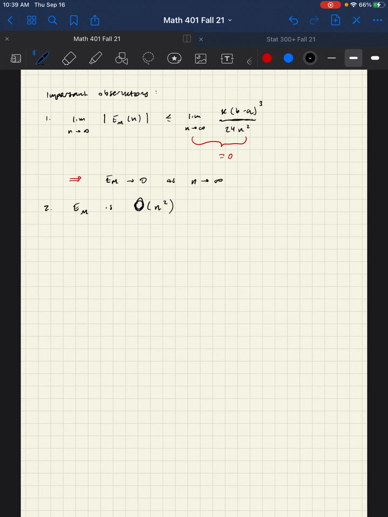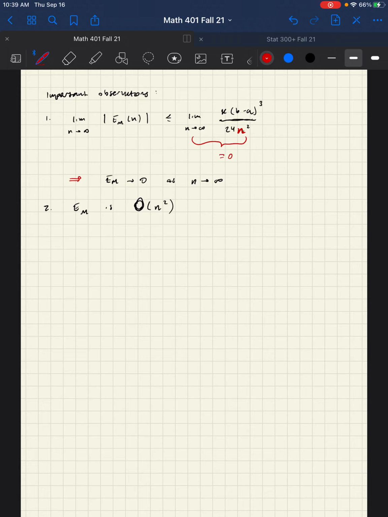I wouldn't be able to write it here because we don't have a specific example, but it's saying that it depends on n squared in the denominator. So we'll talk about that in more detail later.